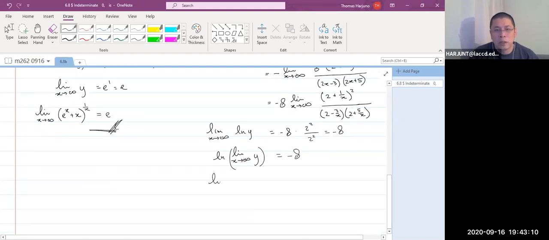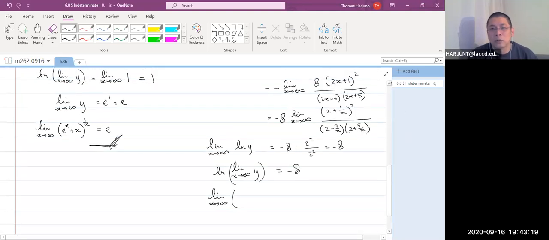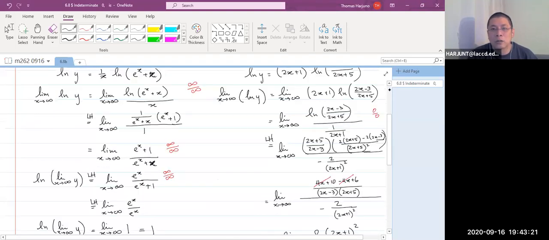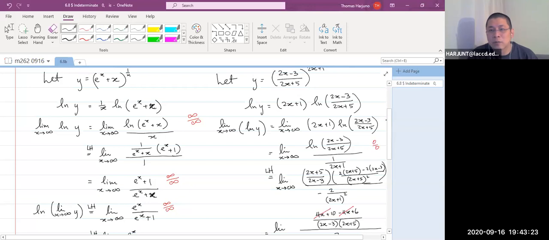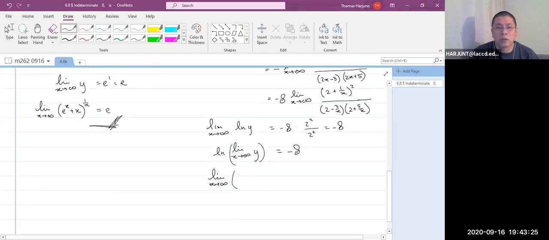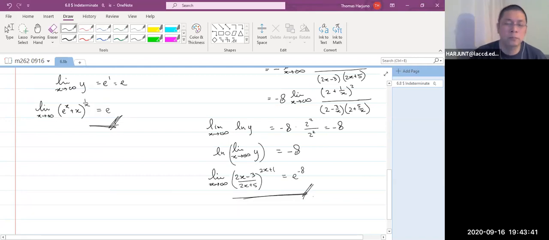So the limit as x goes to infinity of that ugly thing, (2x minus 3 over 2x plus 5) to the power of 2x plus 1, equals e to the negative 8.